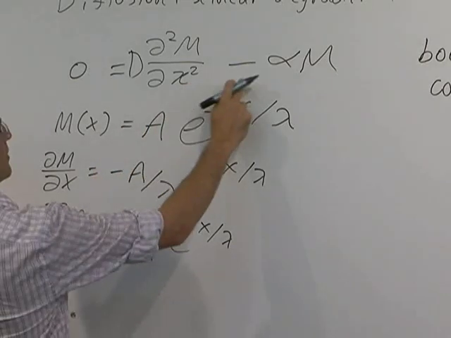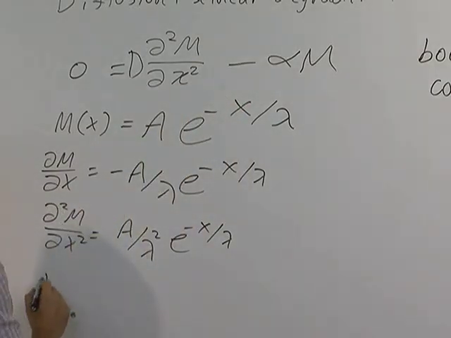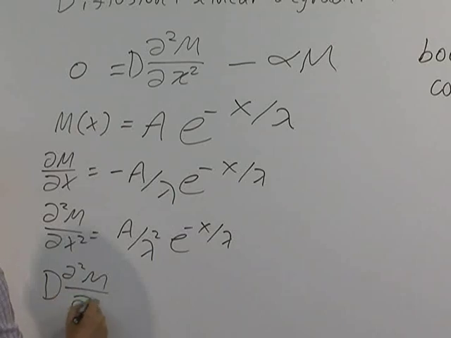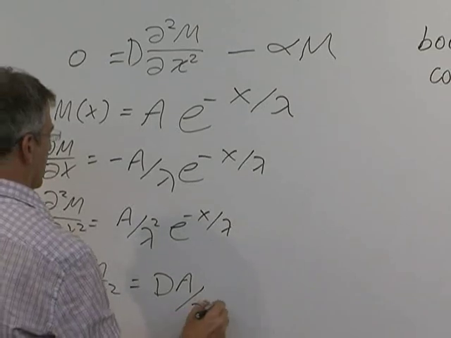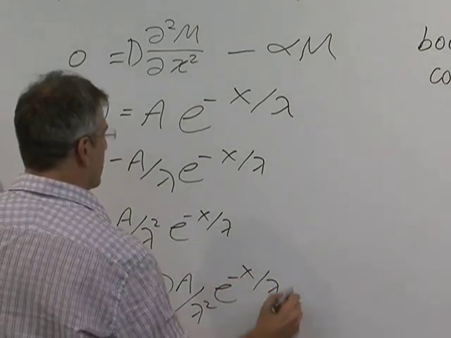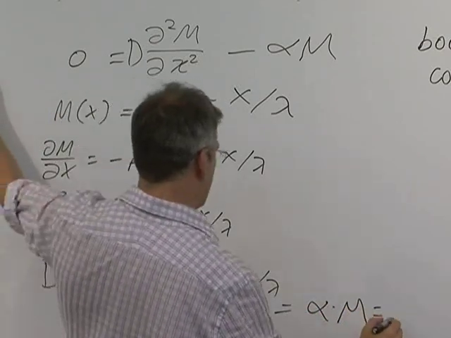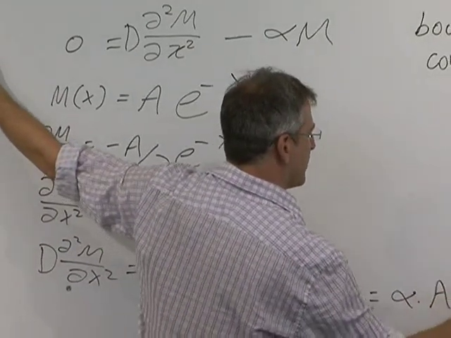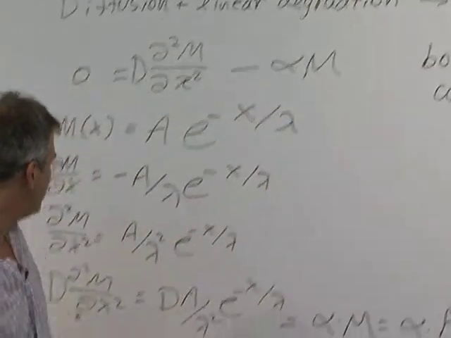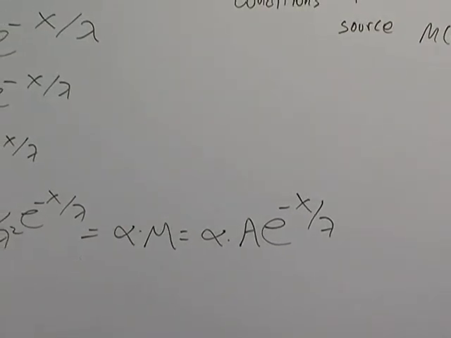And this equation says that this second derivative, d a over lambda squared e to the minus x over lambda, equals alpha times m, which equals alpha times whatever it is that I guessed, a e to the minus x over lambda. So I plug this here, I differentiate it twice, alpha m. And now I can calculate what A and lambda are.